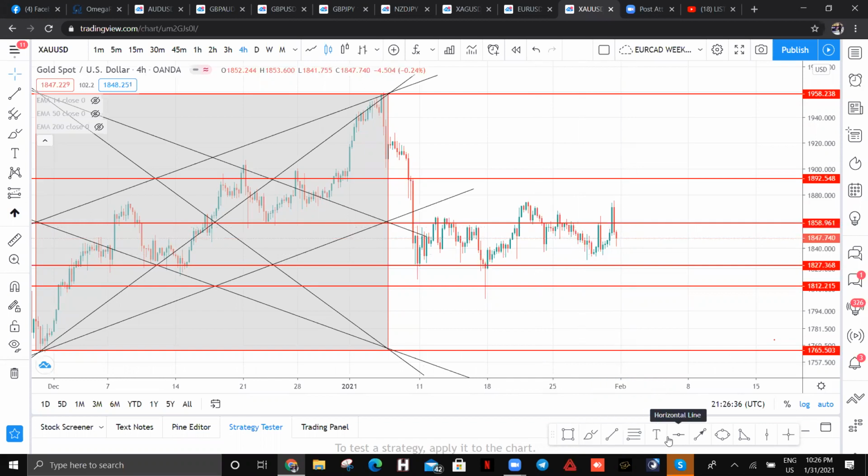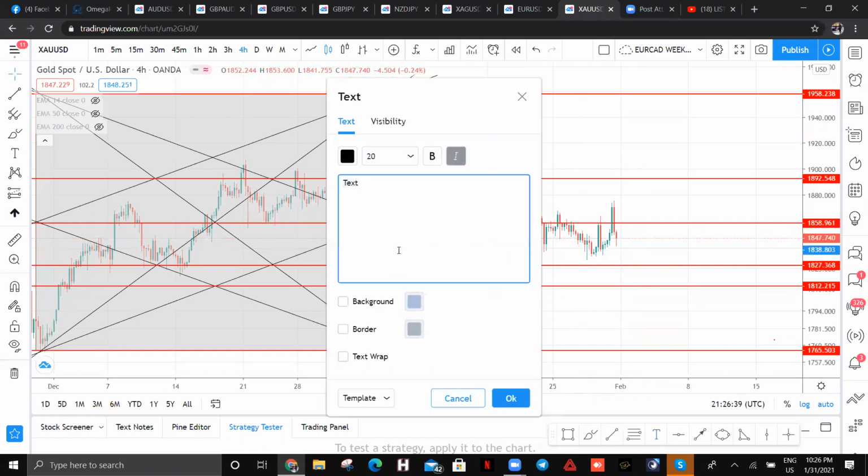But let me write it down. If the present H4 candle closes below 1858, sell.